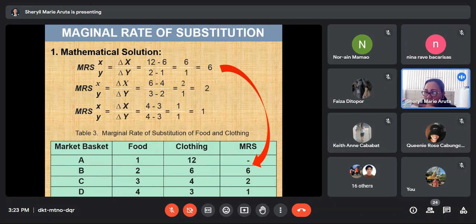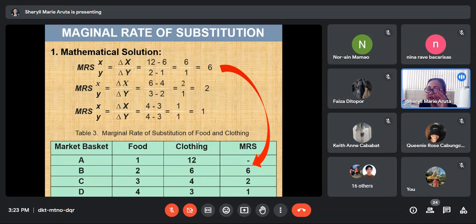We have 12 minus 6 is 6, divided by 2 minus 1 which is 1. So for market basket B, the marginal rate of substitution is equal to 6. For market basket C, we have 6 minus 4 divided by 3 minus 2, so 2 divided by 1 gives us 2. For market basket D, we have 4 minus 3, which is 1, and 4 minus 3 in food also gives 1. So 1 divided by 1 is 1.